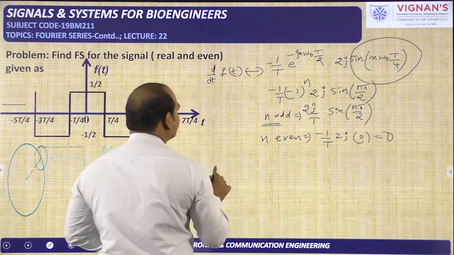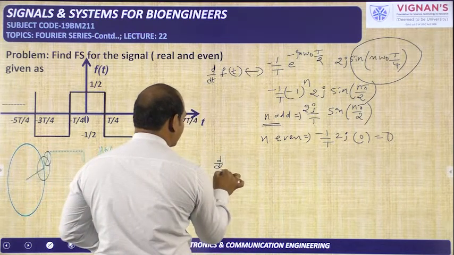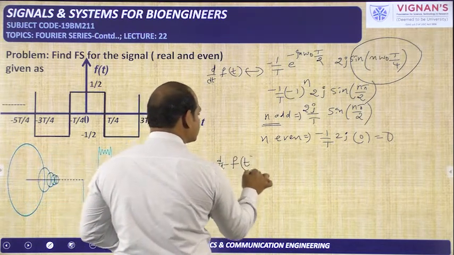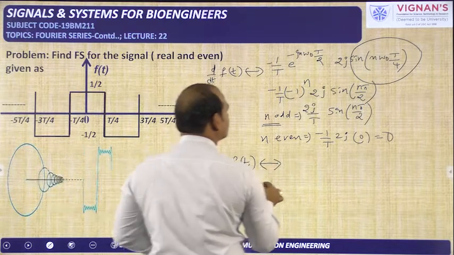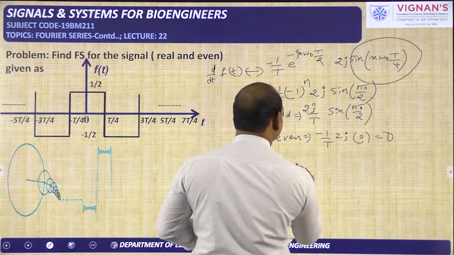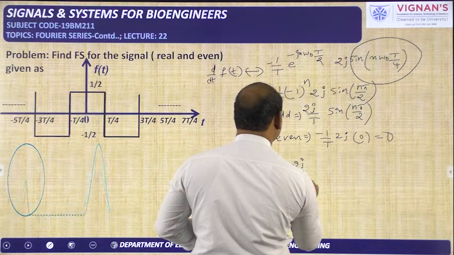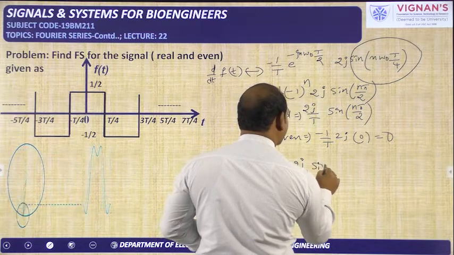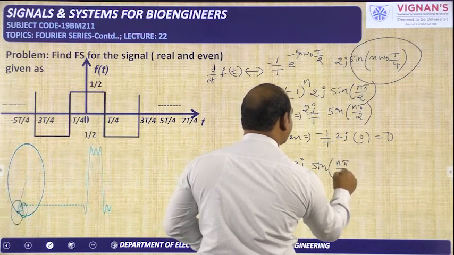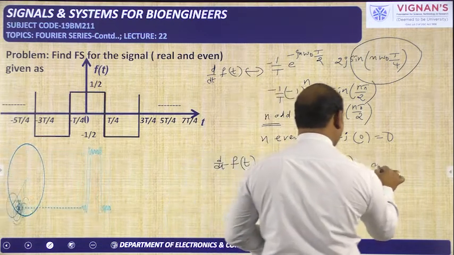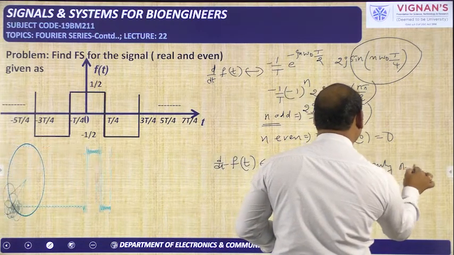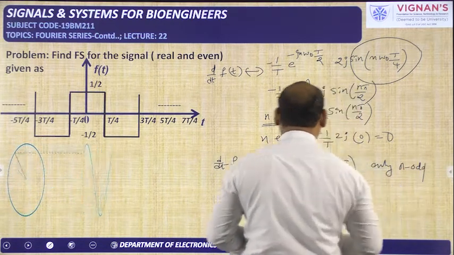So finally we can write like this: d by dt of f of t has the coefficient 2j by T into sin n pi by 2, and it is true only for n odd. If n is even, the coefficient is 0.